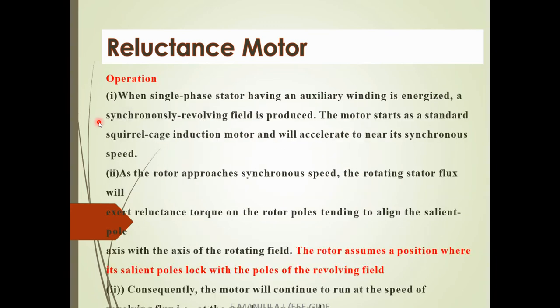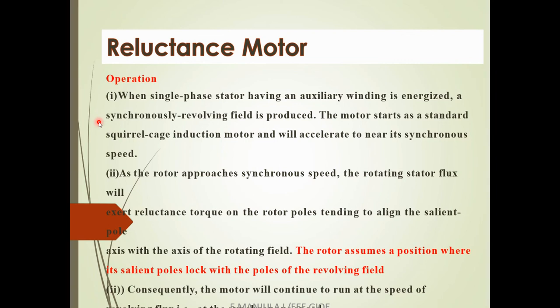So how will be the operation? When the single phase stator having an auxiliary winding is energized, a synchronously revolving magnetic field is produced and the motor starts as a standard squirrel cage induction motor and accelerates toward its synchronous speed.